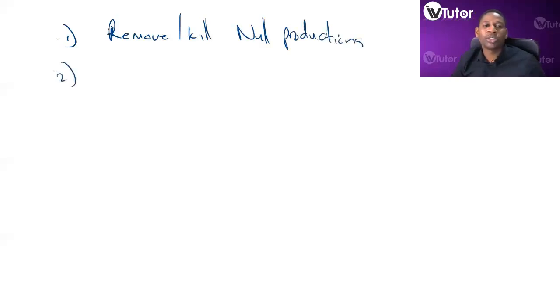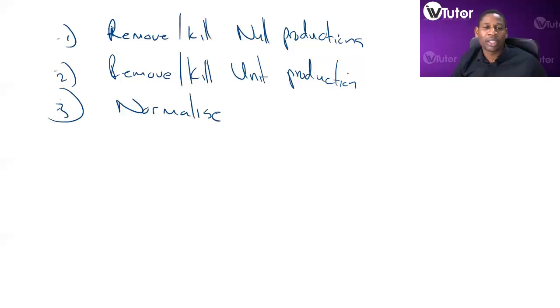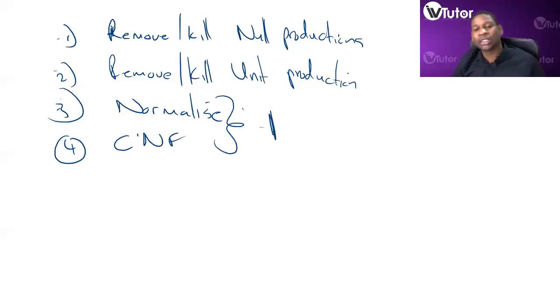Then number 2, we need to remove or kill unit productions. And then the third part, we need to normalize. Then number 4, we'll put it in Chomsky normal form. So these 2 will be treated as one step. We'll see how we do that later on. So we just convert to Chomsky normal form here.